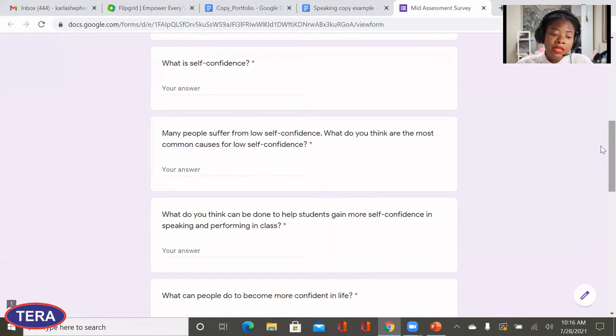What do you think can be done to help students gain more self-confidence in speaking and performing in class? And so on and so forth. So there's a plethora of uses and benefits from getting to know your student body better, and from then tailoring your lessons to suit their psychological, emotional needs and development.